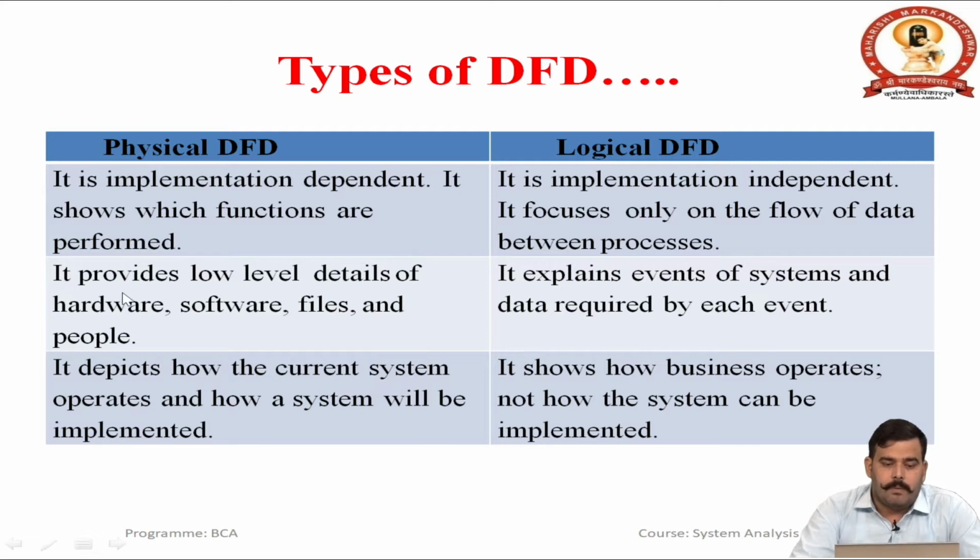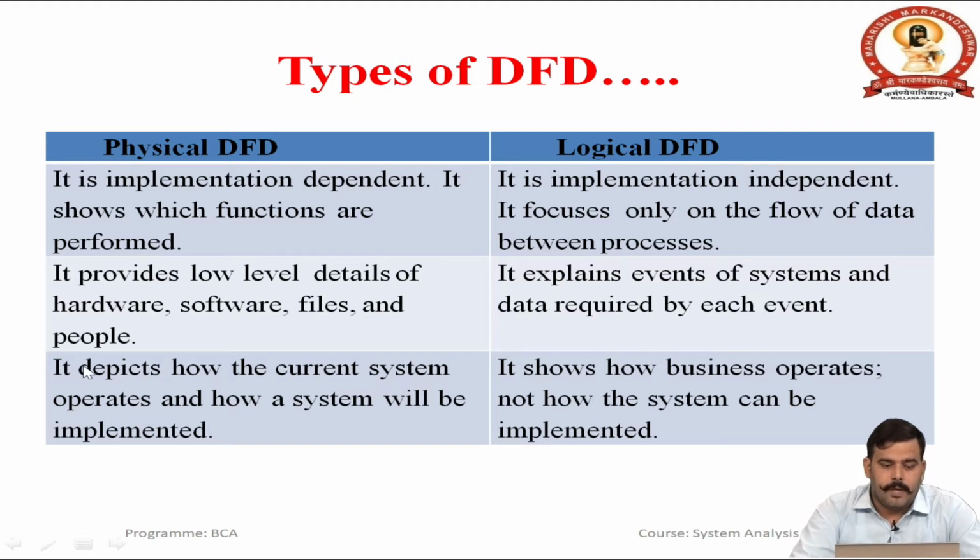Physical DFD provides low level details of hardware, software, files and people who are interacting with the system, and logical DFD explains events of the system and data required by each event.